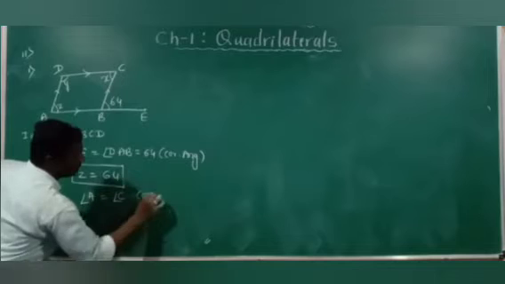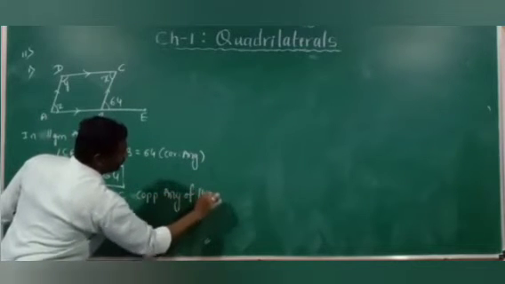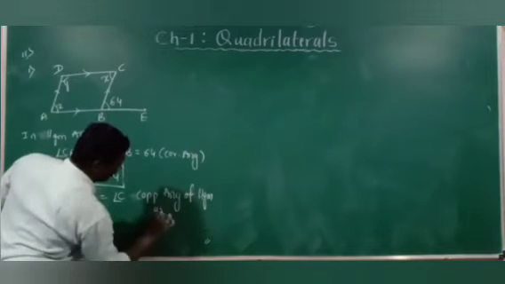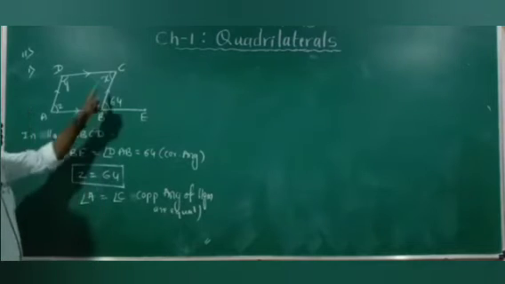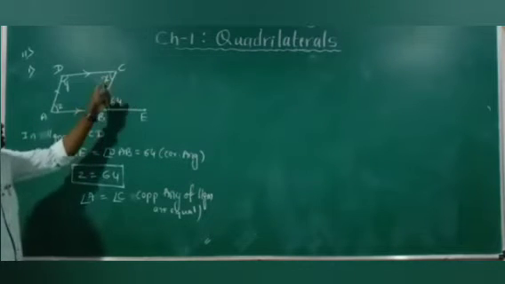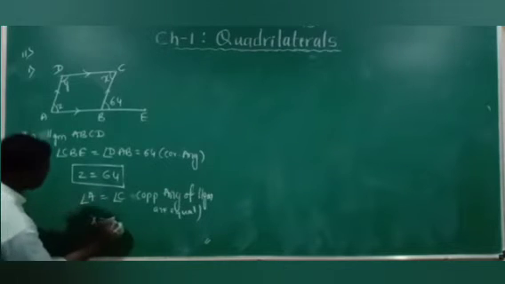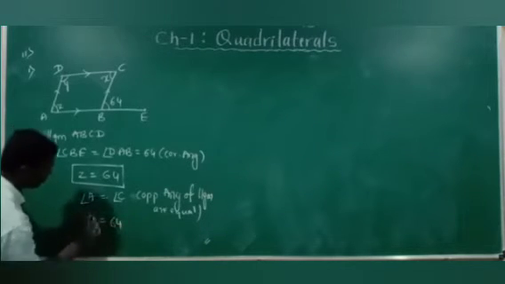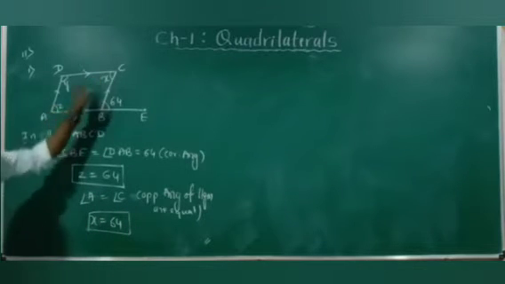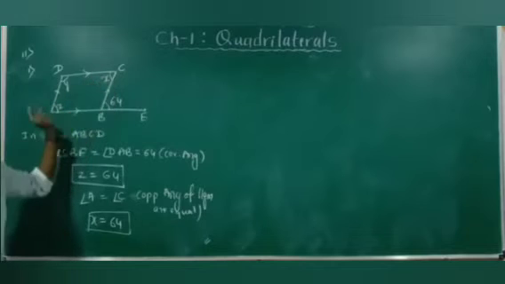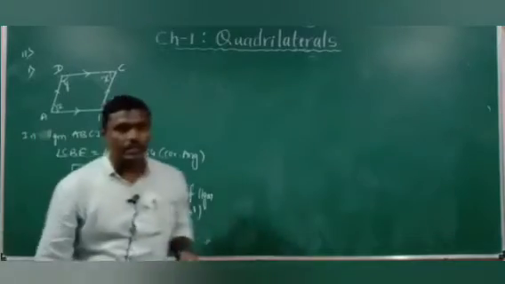Opposite angles of a parallelogram are equal. Angle C is nothing but x, so x is equal to 64, because Z and X are the opposite angles of the parallelogram ABCD.